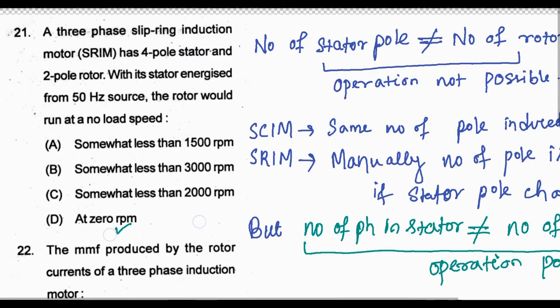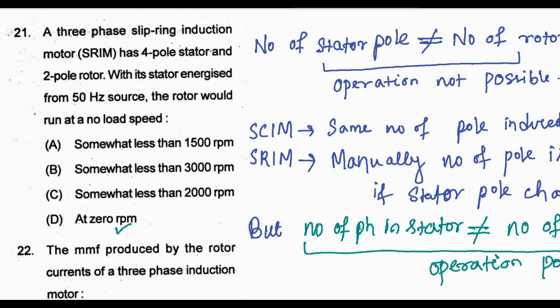Next question, question number 21. A 3-phase slip ring induction motor has 4-pole stator and 2-pole rotor. With its stator energized at 50 Hz supply, the rotor would run at a no load speed of dash.